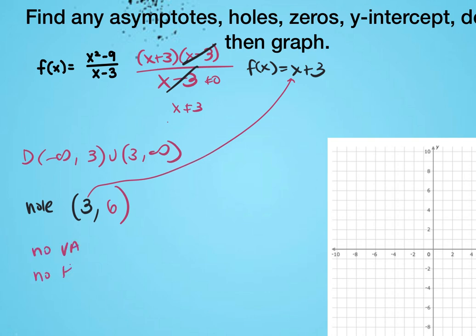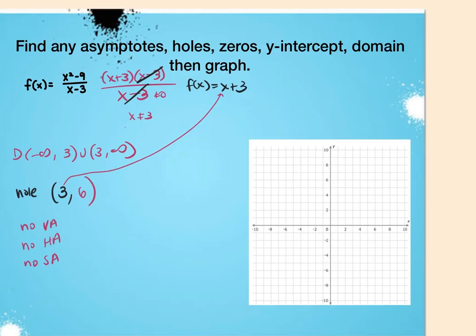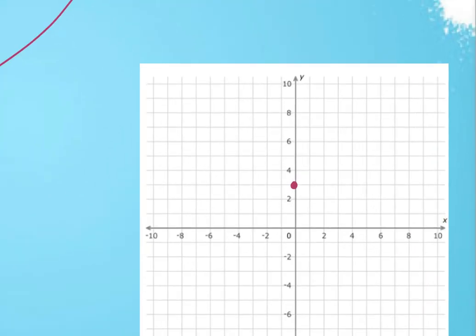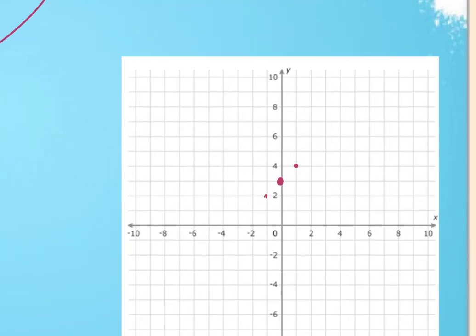There are no horizontal asymptotes and no slant. If I graph this, I'd start at positive 3 because that's my y-intercept. I'd go up 1 and to the right 1, or down 1 and to the left 1. It would be a line that looks like this with a hole at 3, 6. So it literally just looks like that.